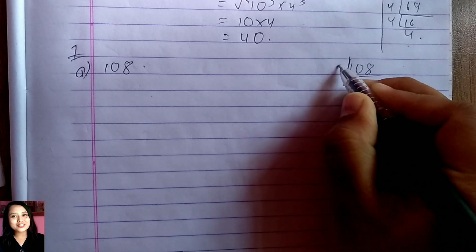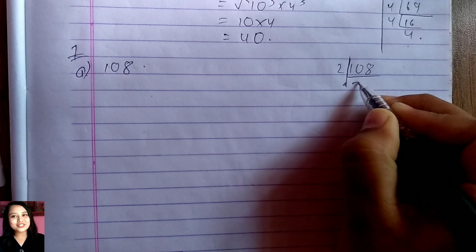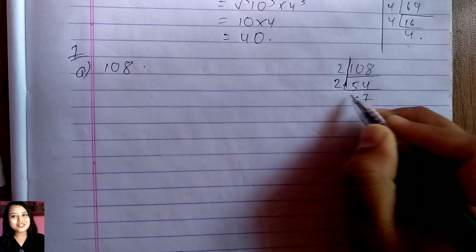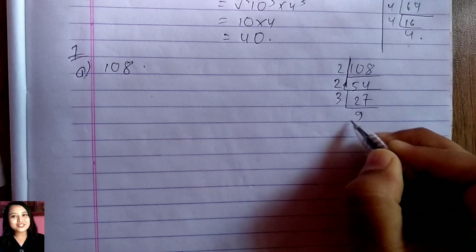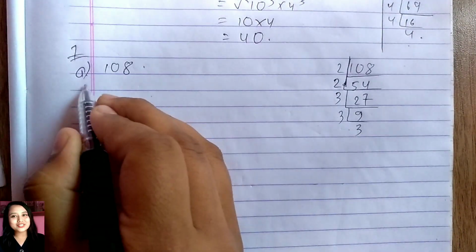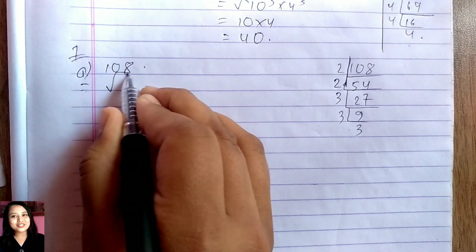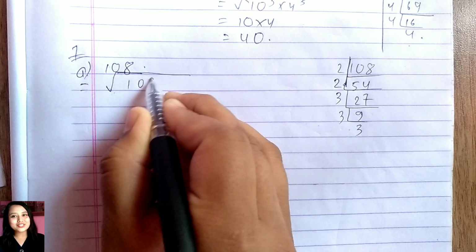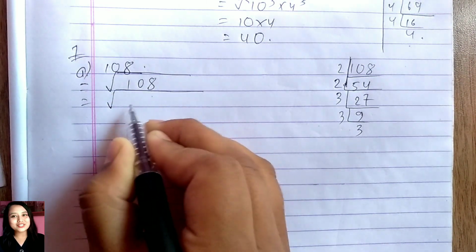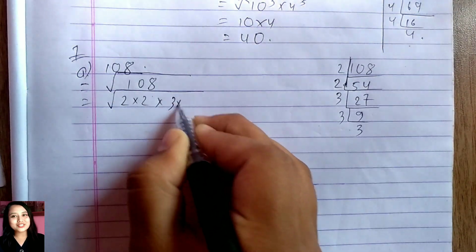So what happens? 2 5's are 10, 2 4's are 8, then 2 27's are 54, then 3 9's are 27, 3 3's are 9 will be there. So these are the factors. Now for being a perfect square, 108 can be resolved into the factors like 2 into 2 into 3 into 3 into 3.